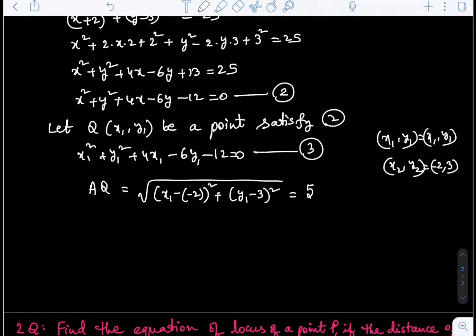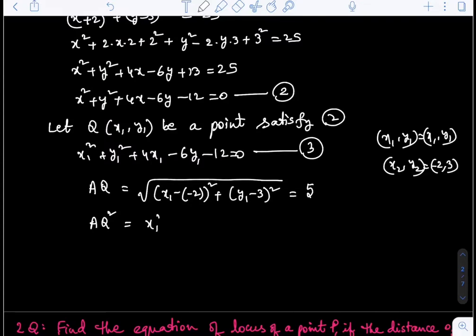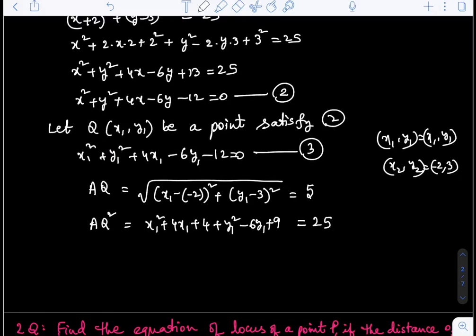Then what happened? After simplification, what step will come here? Take square on both sides. That is, AQ square will become x1 square plus 4x1 plus 4 plus y1 square minus 6y1 plus 9. After squaring, we get 5 square, that is 25. Here also the root will be gone.